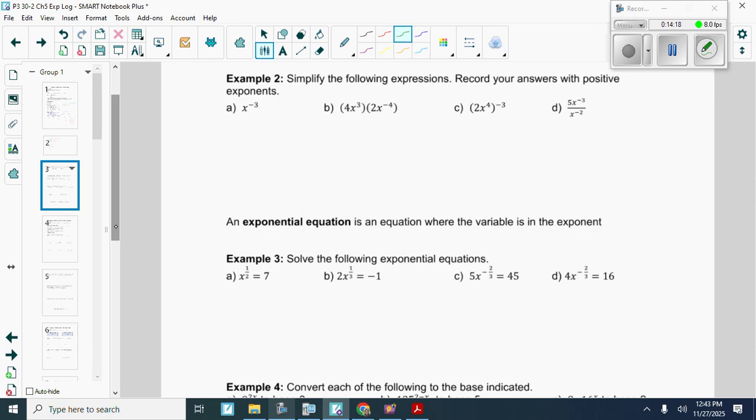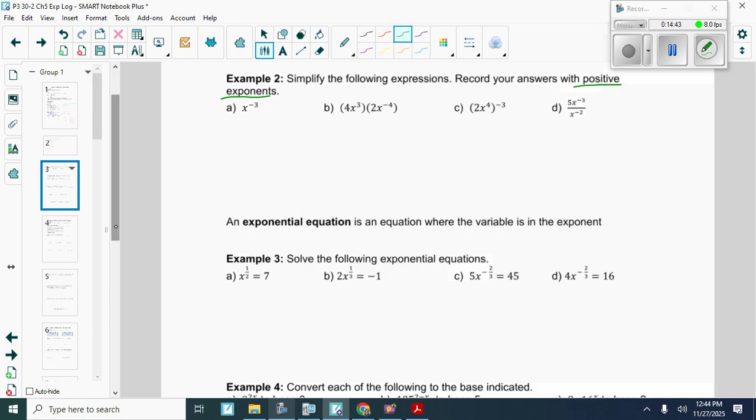so we're going to simplify the following, and here it reminds us, record your answers with positive exponents. Okay, so if you're feeling good, why don't you get a head start? X to the negative 3, what does that mean again? Okay, remember to get rid of the negative, we're just going to flip the base.